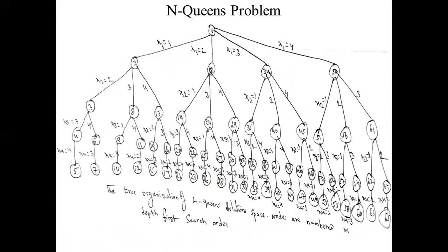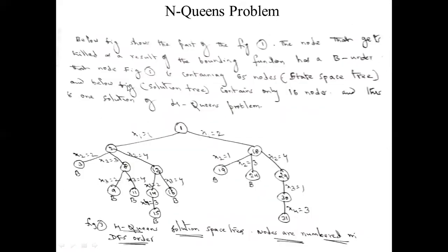Here the root node contains 4 children, and each child of the root node contains 3 children, and each child of this contains 2 children, and so on. From root node to leaf node, the number of children reduces, because initially all the columns are possible for the first queen. If you place the first queen in one particular column, the remaining columns are possible for the second queen, and so on, like that for 8 queens also.